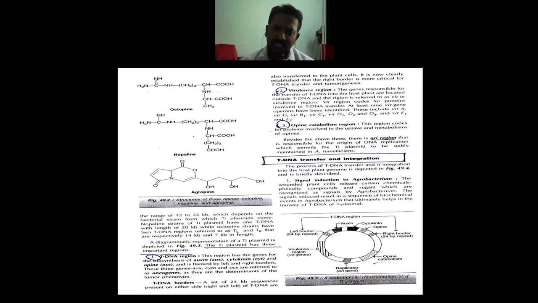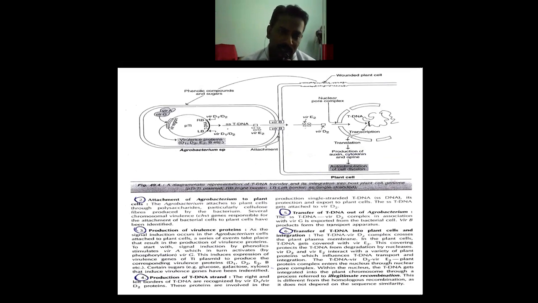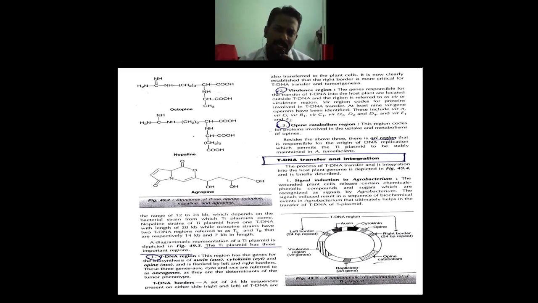Okay, and then how the tDNA region is transferred and integrated into the plants. Look, this is a diagrammatic representation of tDNA transfer and its integration into the host plant cell genome. The tDNA transfer has different steps.